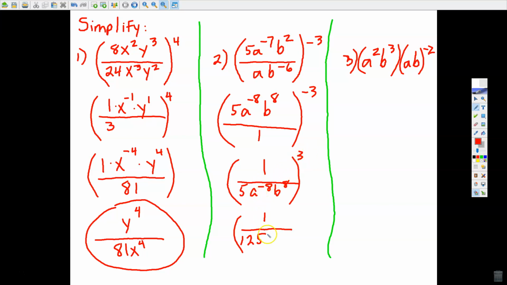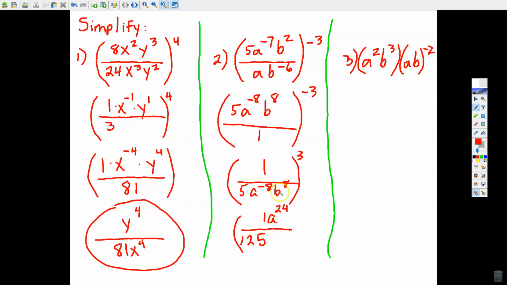So that's going to start off as a to the negative 24. Okay, but remember we don't want to leave a negative exponent in our answer. So instead of having a to the negative 24 in the denominator, I'm going to move it up to the top as a to the positive 24.